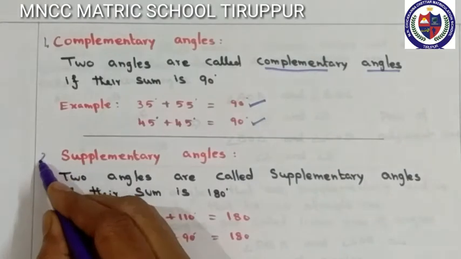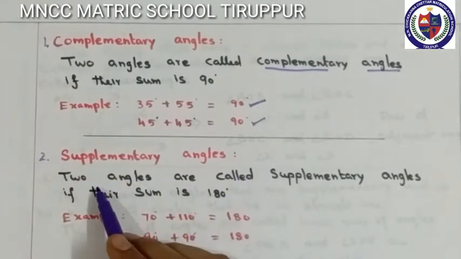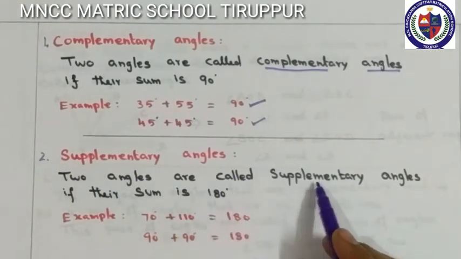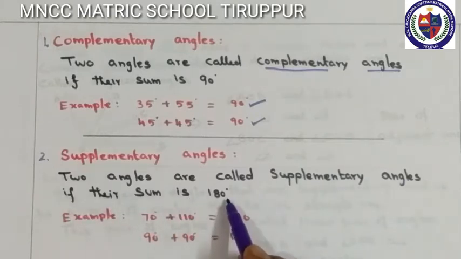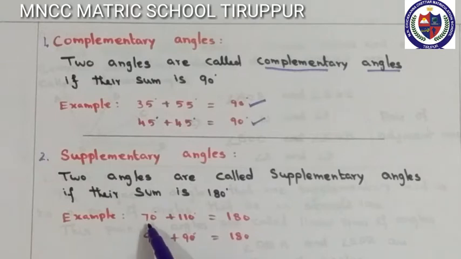Second one, supplementary angles. Two angles are called supplementary angles if their sum is 180 degree. Now we take one acute angle and one obtuse angle.